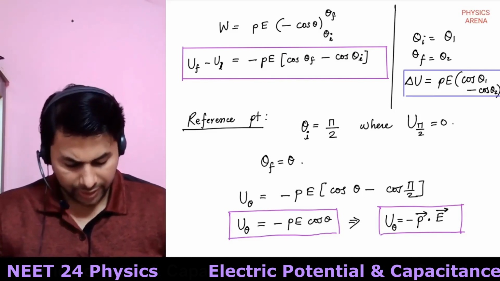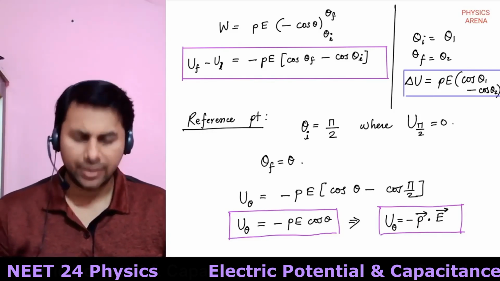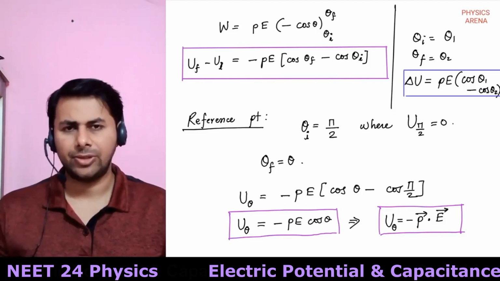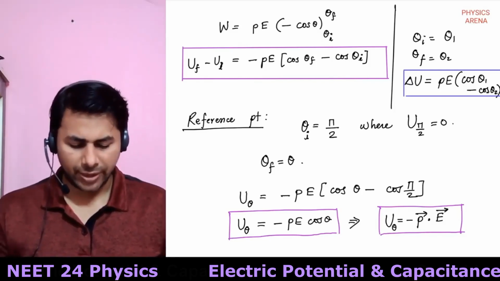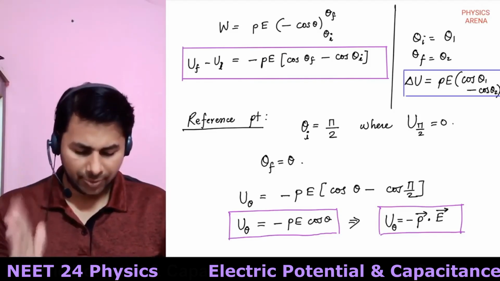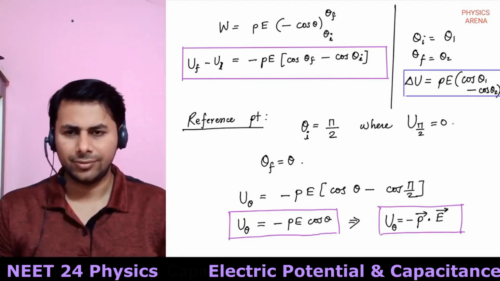All right. And then what we do is, again we define a point where the potential would be equal to 0. So which is that point? It is when the dipole is aligned perpendicular to the electric field.